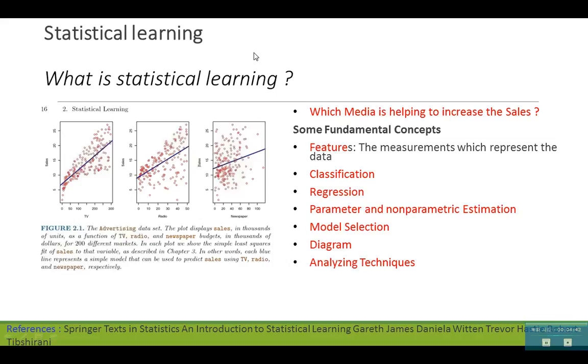That means we have to analyze, we have to predict the data, and we have to find out which one is helping to increase our sales. In recent times, TV, radio, and newspaper are not helping so much because advertisement is totally dominated by YouTube and other media.